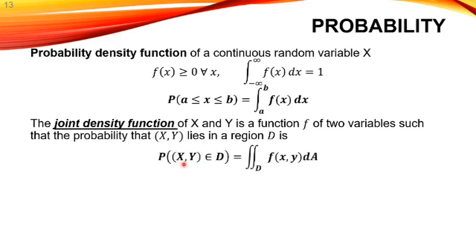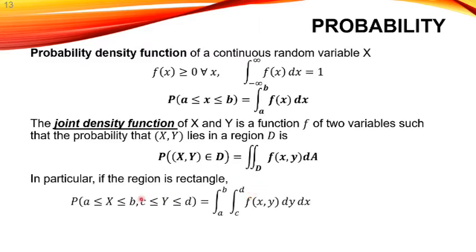So the probability of the joint function x y that lies in region D is equal to the double integral of the density function f of x y dA evaluated in the region D. In particular, if the region is a rectangle, where x is from A to B and y is from C to D, it is the double integral of f of x y dy dx, where y is from C to D and x is from A to B.